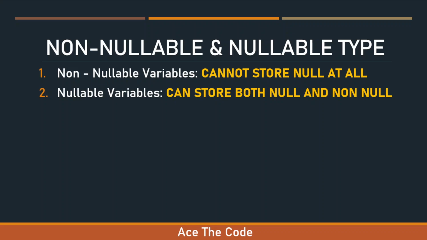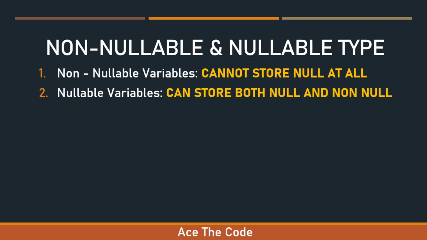And this particular part will be checked at compile time itself. While the compiler is compiling your program, if at any point the compiler finds that the value can be null, in that case the compiler will generate a compile time error. So non-null variables cannot store null values at all.